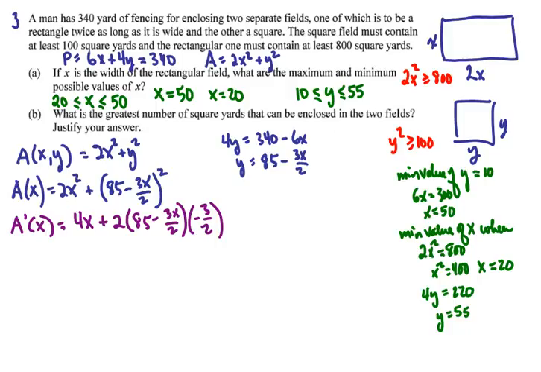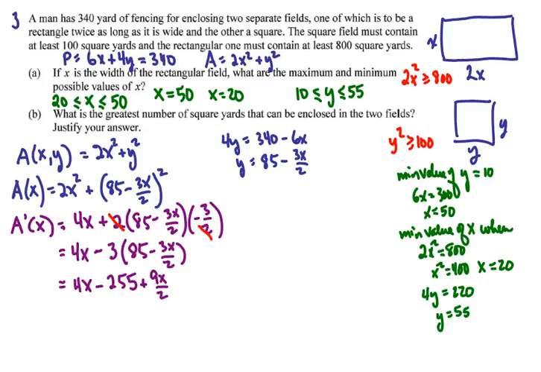Now we do need to find out where this is going to be 0. Simplifying, I can cancel out those 2's there, and that's going to again make it a lot simpler. And so now I'm at 4x minus, I still have the minus sign from the negative 3 over 2, minus 3 times the quantity 85 minus 3x over 2.